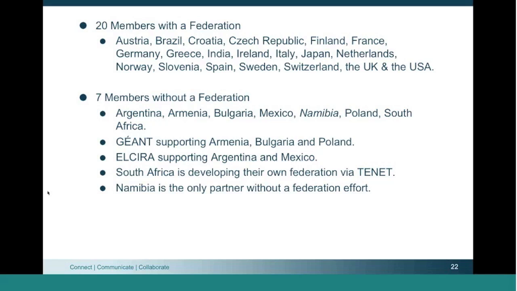The only country that doesn't have a project that is supporting an identity federation is Namibia. They only have one institution, so it's a small number of researchers and participants that aren't included, and there could be alternative services, including using science gateways with social identity providers in order to provide them access.